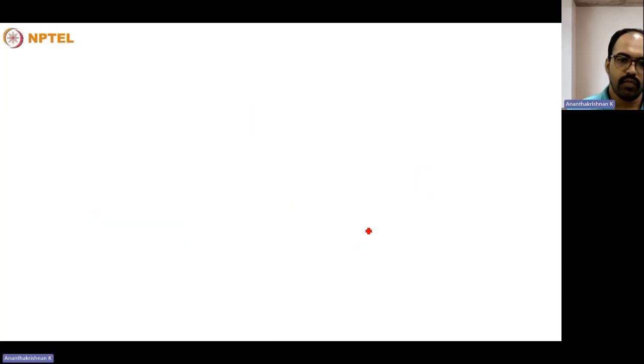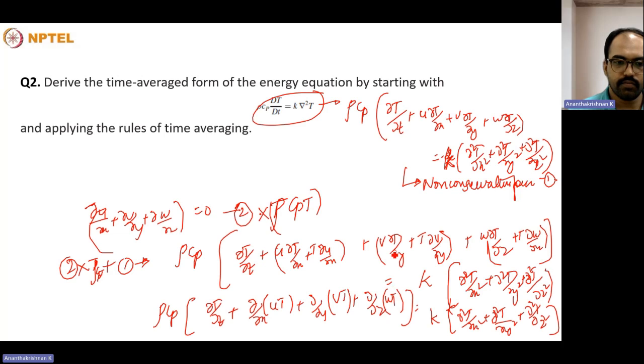So we have got this form. This is the conservative form, and we can denote it by equation 3. Equation 3 is the conservative form of energy equation.